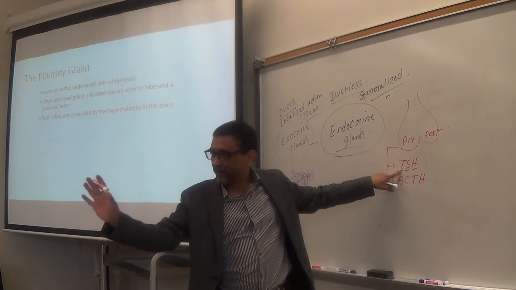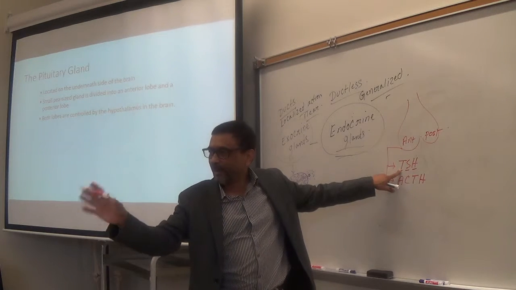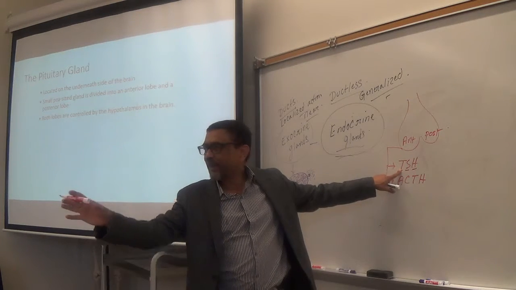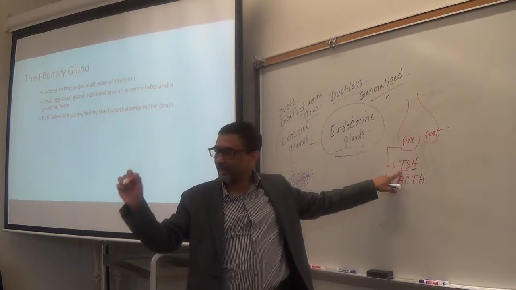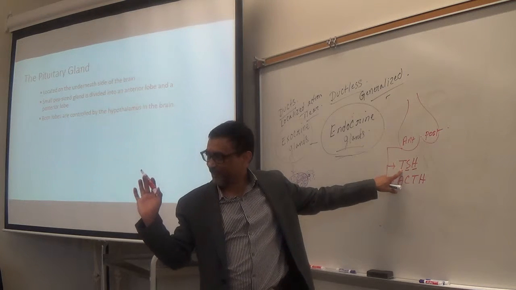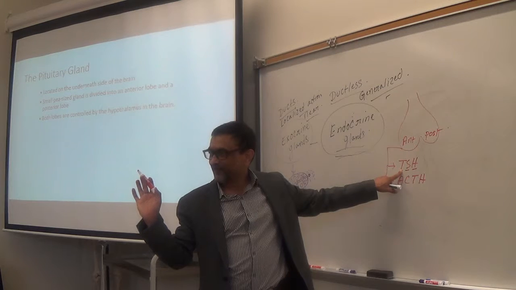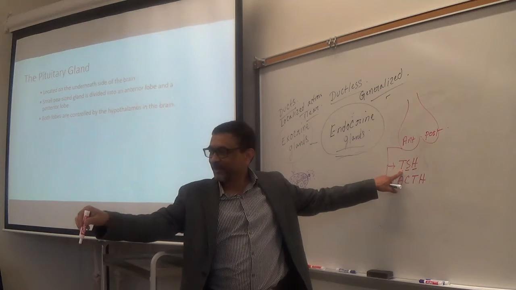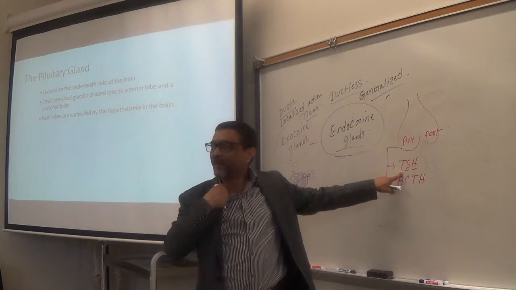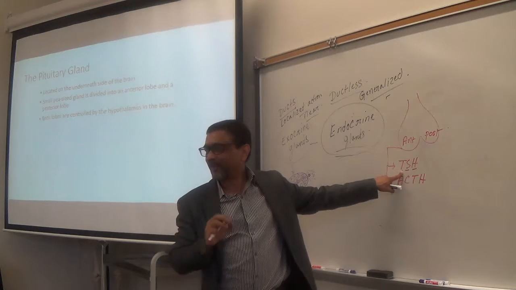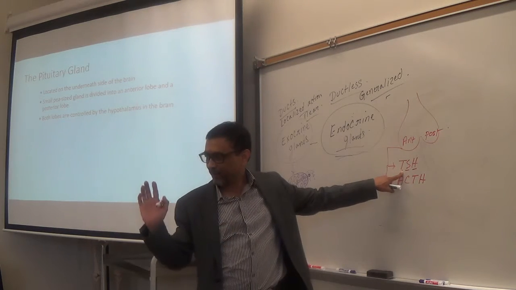Its name tells you this hormone will stimulate what? The thyroid. That's why it is called thyroid stimulating hormone. Make sense? So it will go to the thyroid gland and stimulate it to release thyroid hormone.